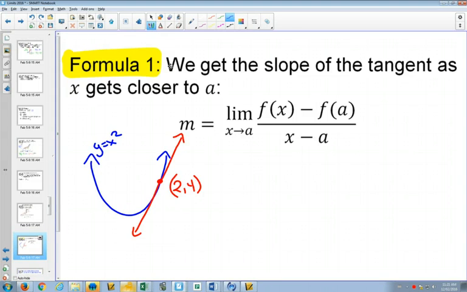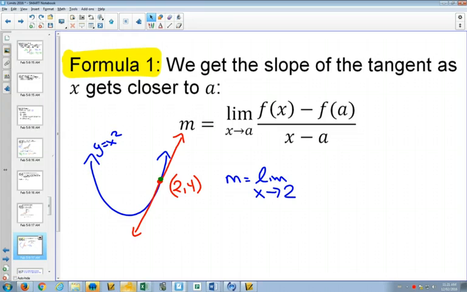But we can figure out that slope by taking the limit, and we're really interested as x gets close to what value? To 2. So as we put another point on here, and as we make our secant line get closer and closer, then the slope between the green dot and the red dot will be basically the same as the slope of our tangent.